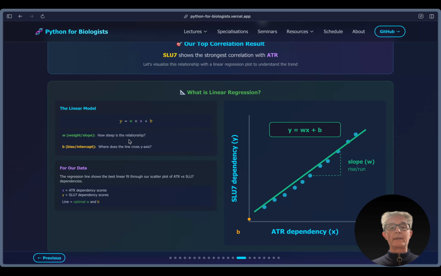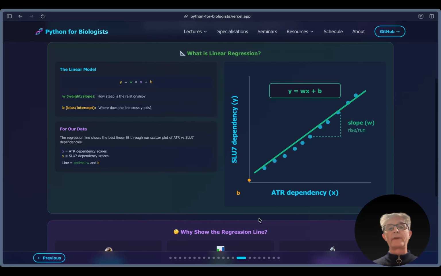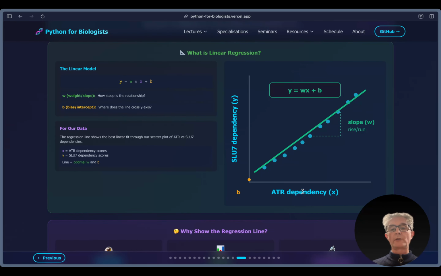And there are various methods for that. But basically we need these parameters: the weight, which gives us the slope, and the bias, which gives us the value where x is 0. And the calculation is relatively simple for a two-dimensional data set.